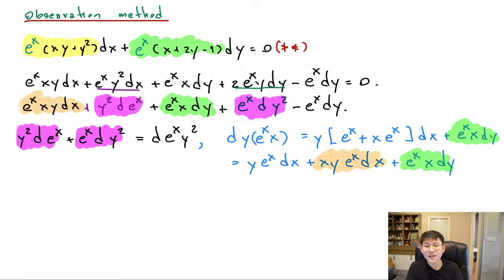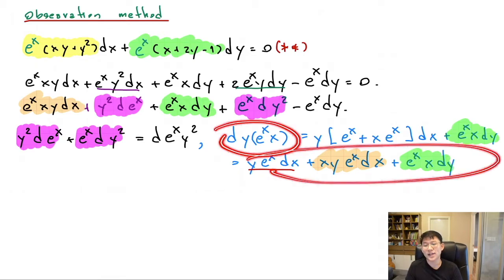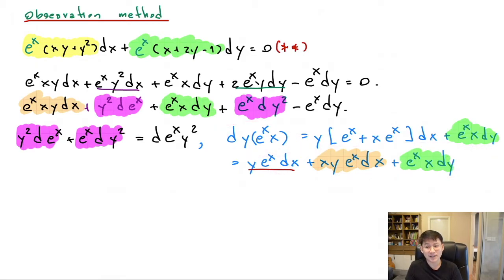So if I have this term, I can write this as d of y e to the x, right? But I don't have that yet. We don't have this term anywhere here. Okay, let's continue it here.